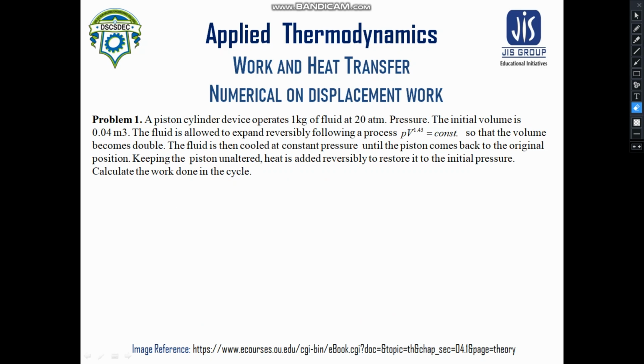So then what we did, we calculated the work. We discussed PdV work or displacement work. We understood what we mean by displacement work, and why this word displacement is very important. It refers to the displacement of the boundary of the closed system which we are referring to.